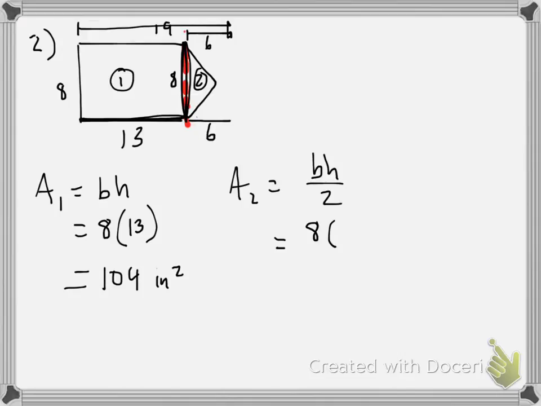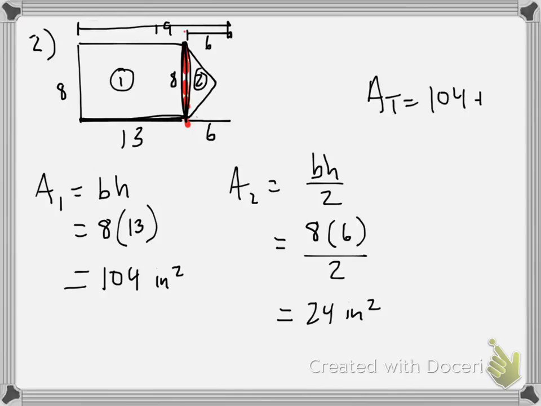So the height of the triangle is 6. So 8 times 6 is 48. 48 divided by 2 is 24. So to get the area of the total shape, I just need to add the area of my first shape plus the area of my second shape, and that is going to be 128 inches squared.